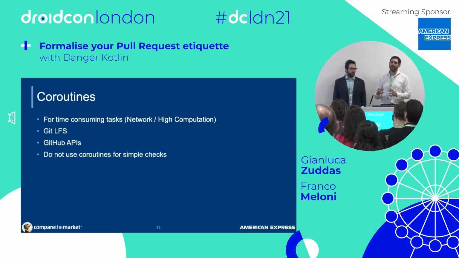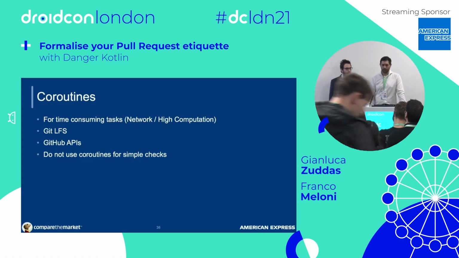If you put this inside a coroutine, the overhead, so the benefit that you will get, is basically nothing. So I would recommend using coroutines only for tasks that really need to run on a coroutine.